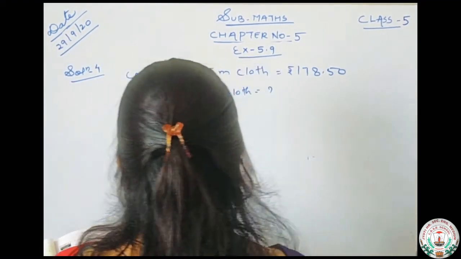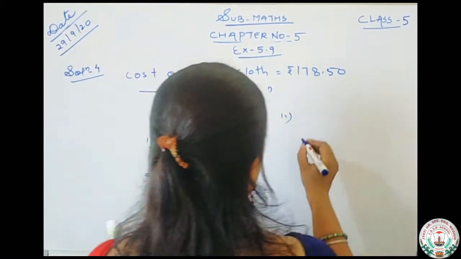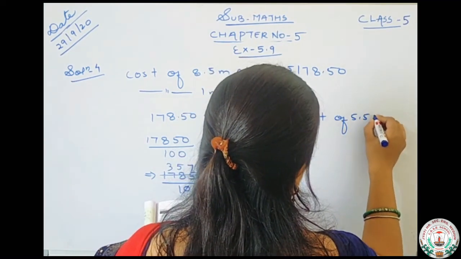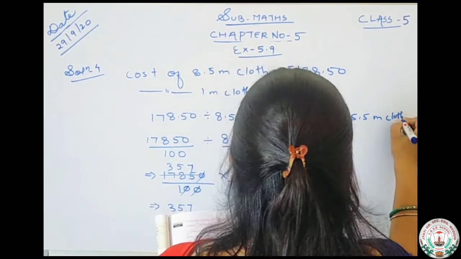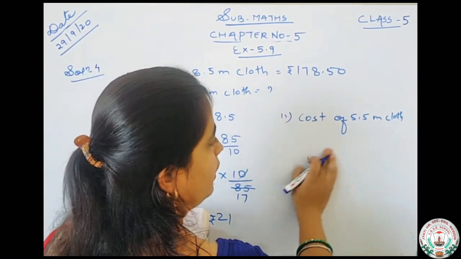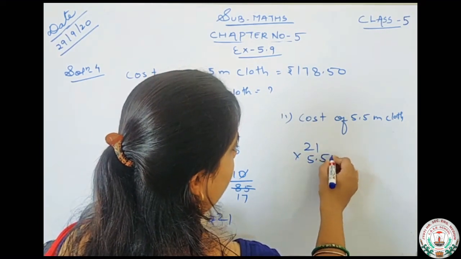Okay, next what do we have to find out? Cost of 5.5 meter cloth. If 1 meter cloth costs rupees 21, so how much will this many meters of cloth cost? Multiply it by 21.